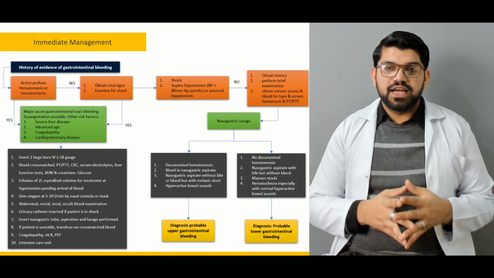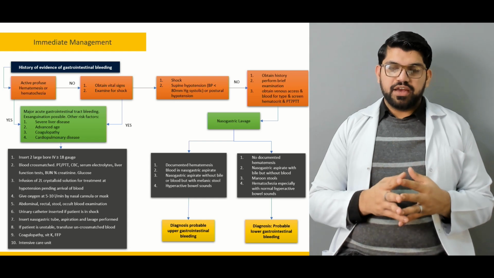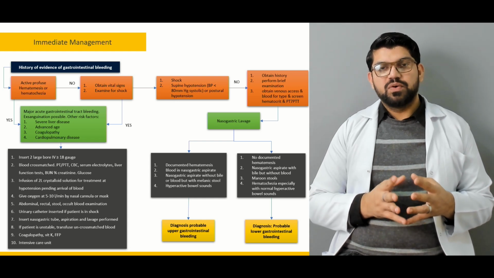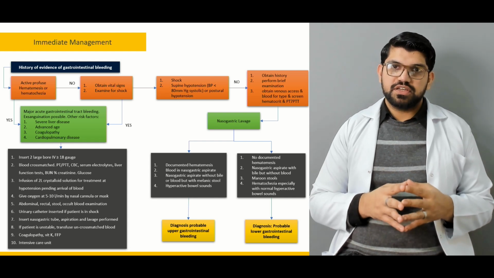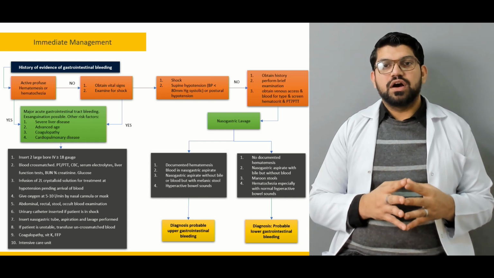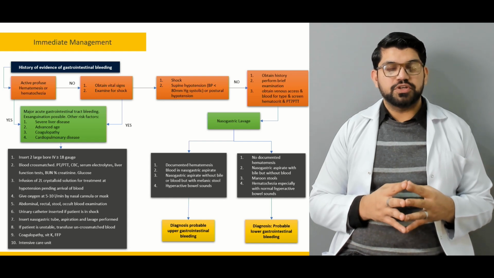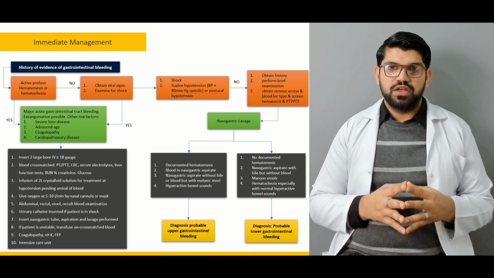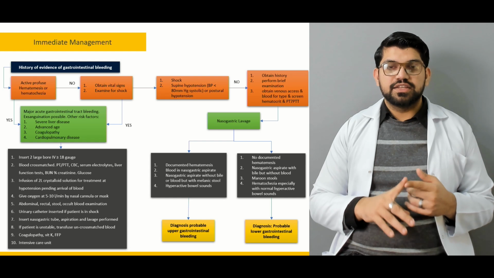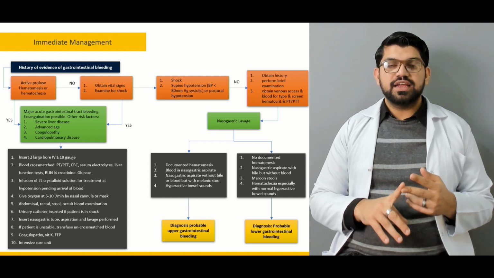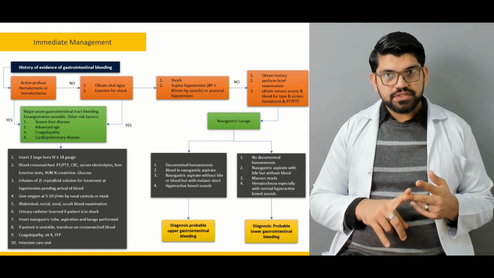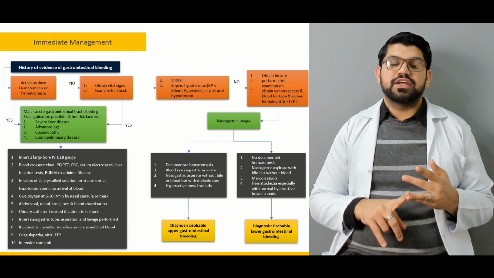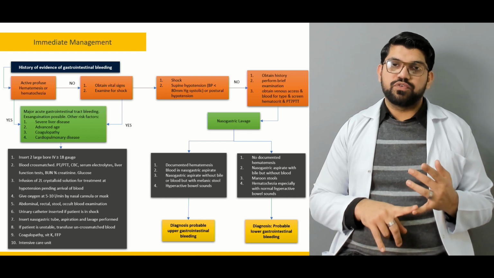So, in this slide, you would appreciate how to approach a patient with GI bleed: what to consider first, what are the signs of shock, and what to do in a patient who is in hemorrhagic shock. The take-home point in this slide is instability: large bore IV cannulas, rapid blood transfusion, and look for a bleeding point.